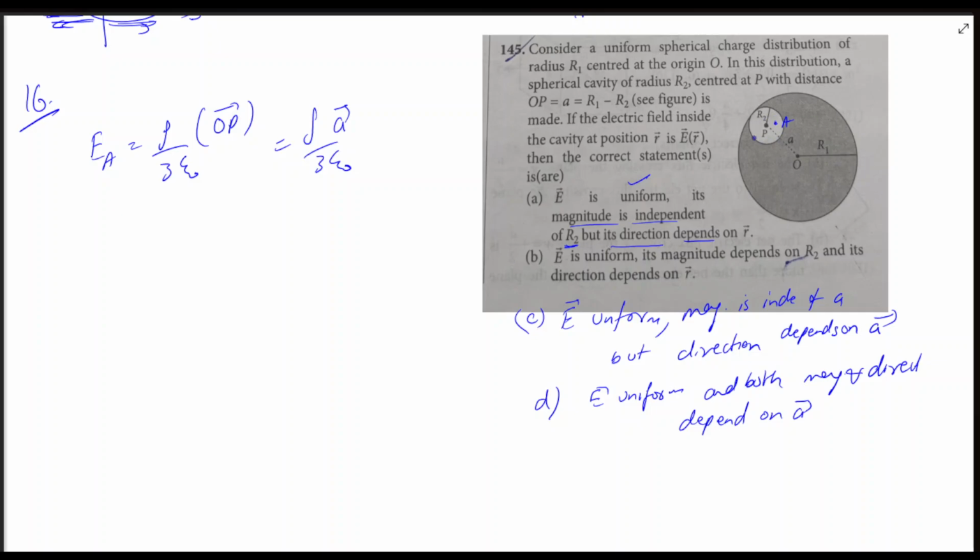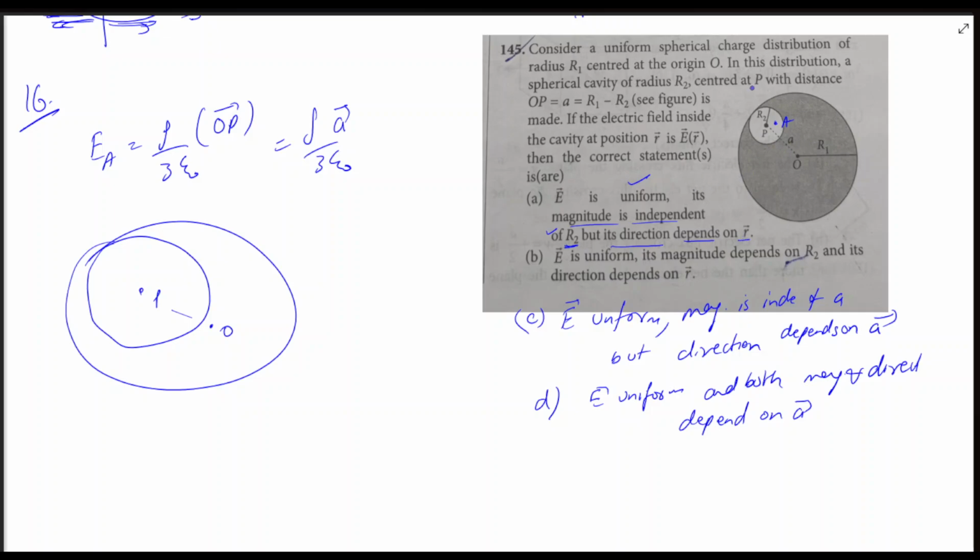The cavity can be like this, so the situation can be like this. Let's suppose this is our center and this is the P point. So A dash will be the same. So it is independent of R2, this is also correct.